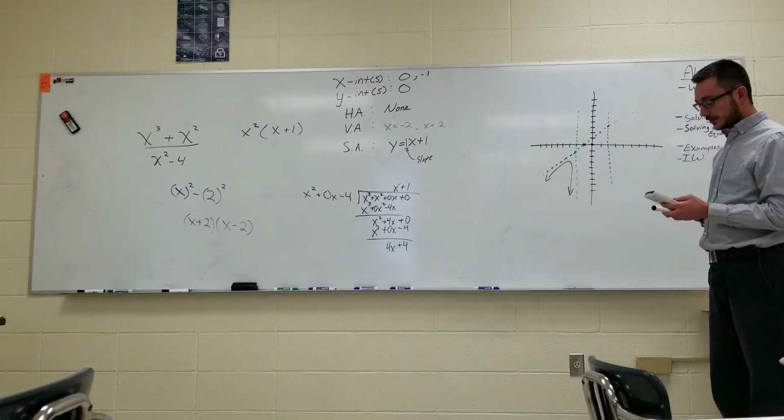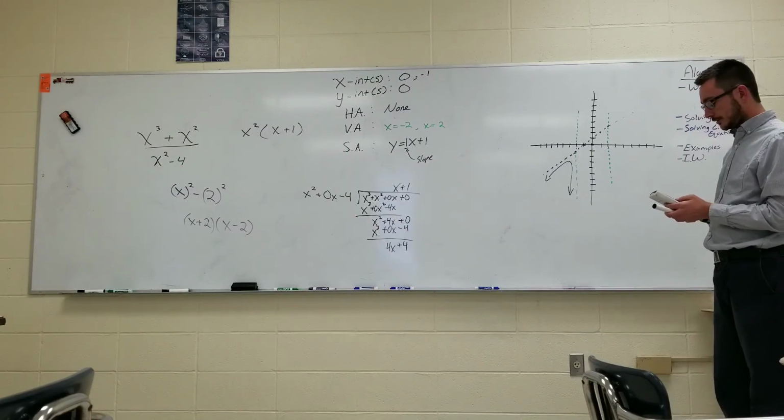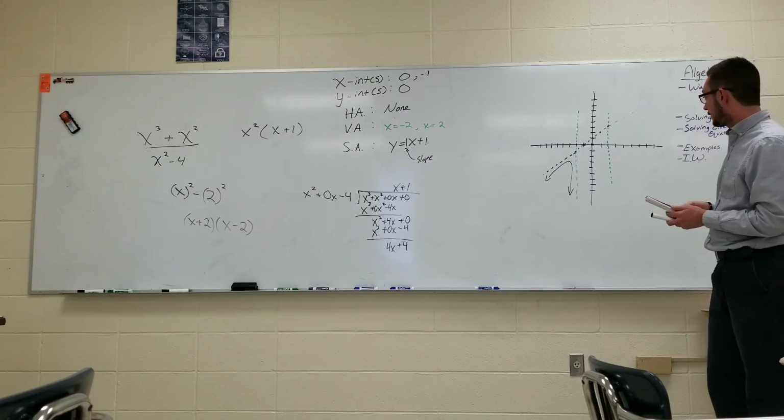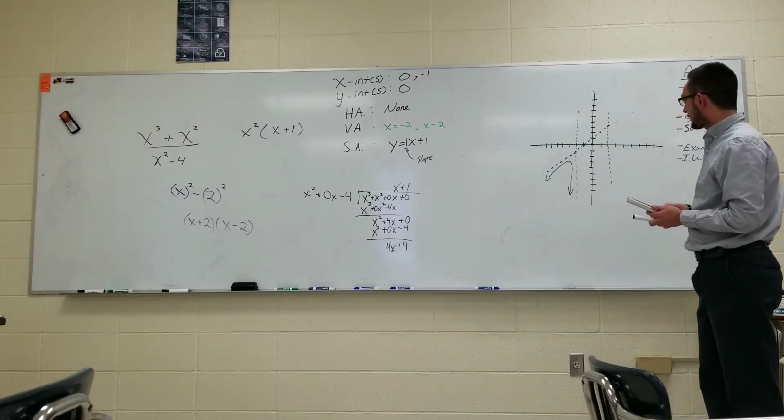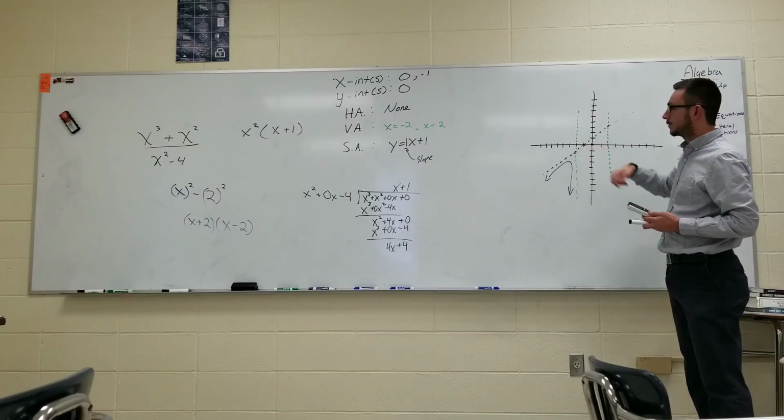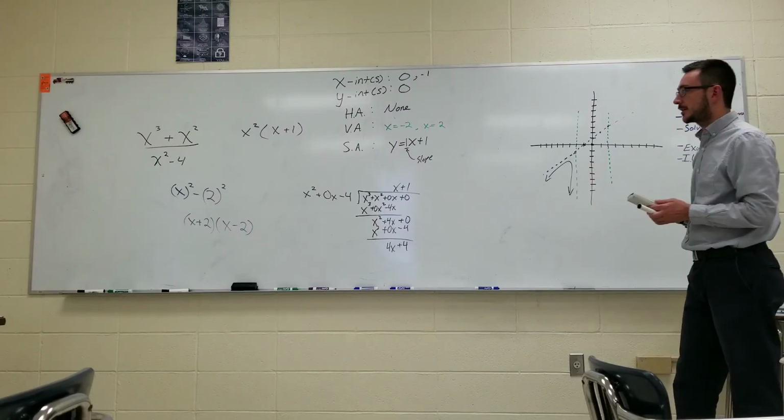I would want to plug something in on the other side. So let me do that as well. That'll tell me what's going on in the middle. So let's go with negative 1.99, something really close.